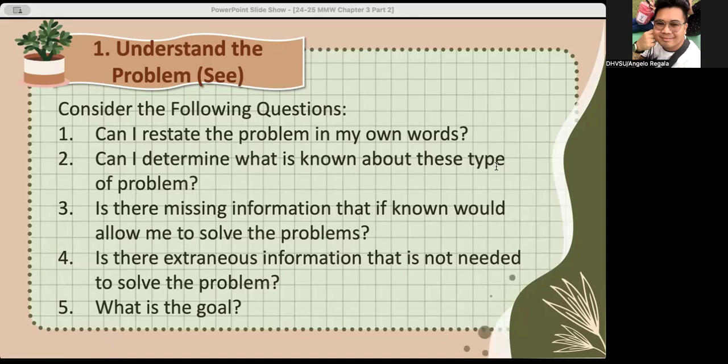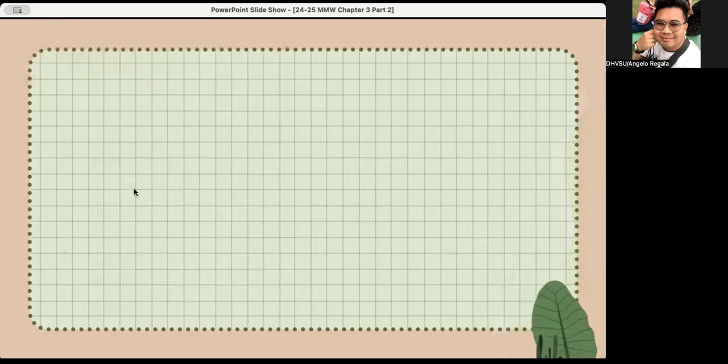Kumbaga, nakaka-state lang sila doon, pero hindi sila needed. Then lastly, what is the goal? Ano ba yung gustong mahanap doon sa problem na yon? Ano ba yung pinapasolve sa atin? So, ayun po ang sinasabi ni Polya when we try to understand the problem.